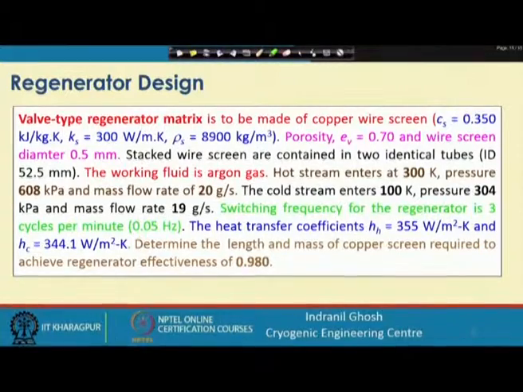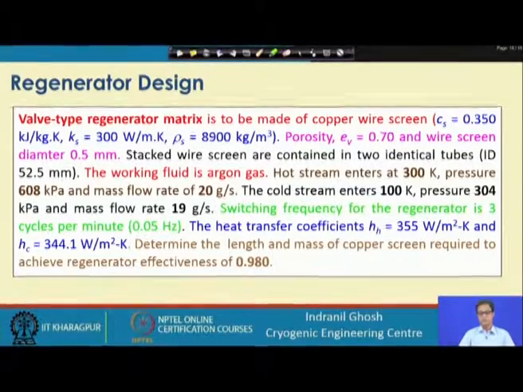So, first of all, this is a valve type matrix and it is made of copper wire screen. This is something new to us. Already we have talked about packed bed spheres, but this is about the copper wire screen, and this is used as the matrix for the regenerator.